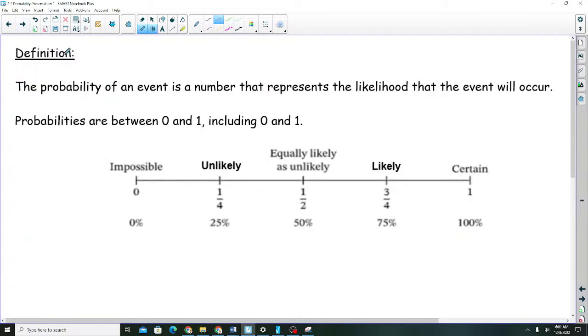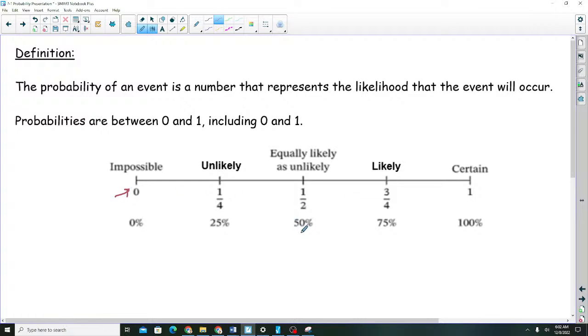So we've seen favorable outcomes, we've seen events, and what we want to do is think about, is that going to happen, or how likely is it going to happen? So the probability of an event is a number that represents the likelihood that the event will occur. Probabilities are between 0 and 1, including 0 and 1. The only things that are impossible are things that have a probability of 0.